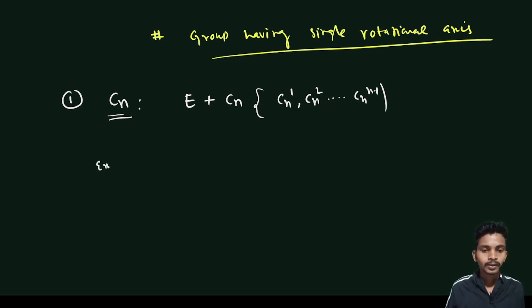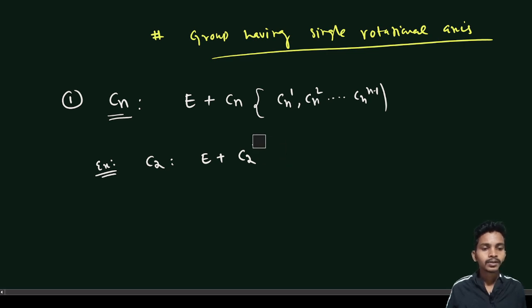If I talk about examples, then let's say C2. So here what is present? E plus C2^1, and C2^2 is again E. So only C2^1 is present.